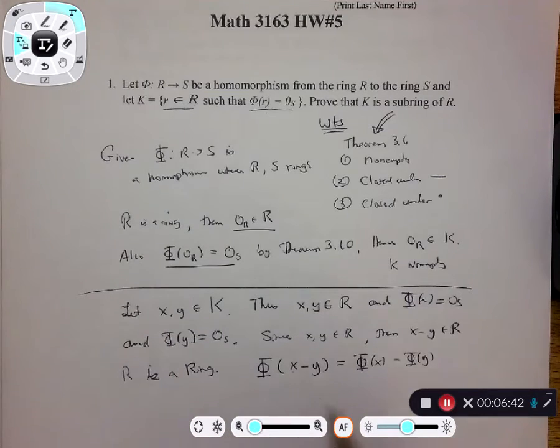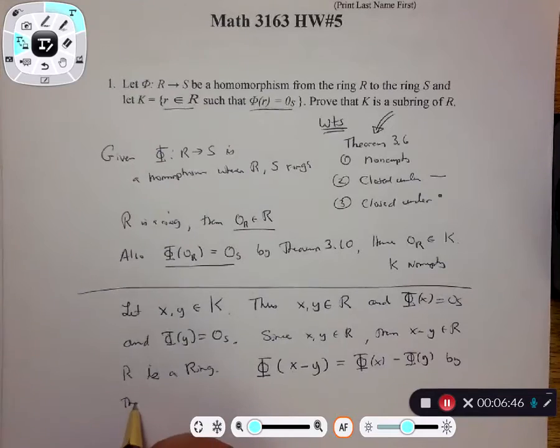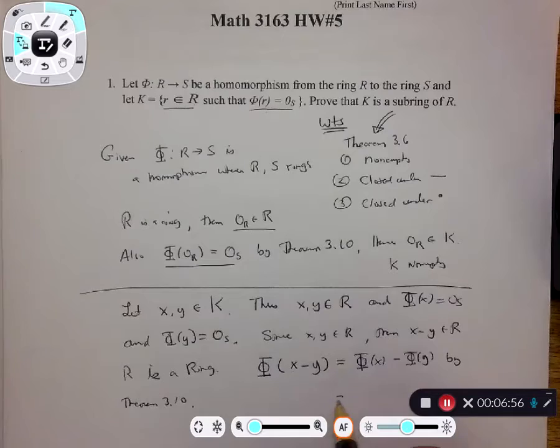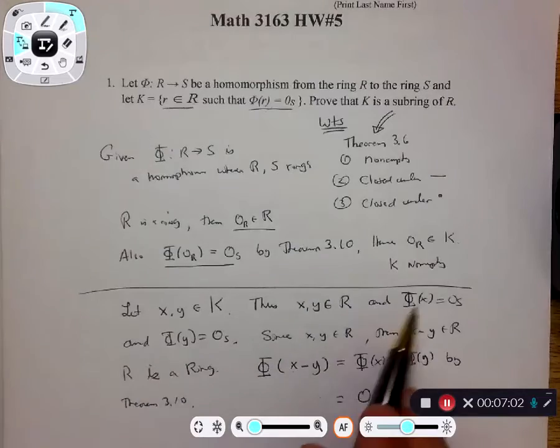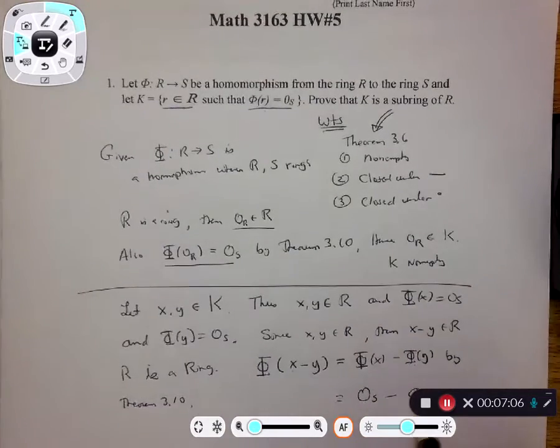But when it comes to subtraction, that is by Theorem 3.10. Very powerful theorem about the negatives and the subtraction and the zeros. But as you look at this, who was phi of x equal to? That was equal to 0 in S, minus who is phi of y equal to? 0 in S, and that's by substitution.